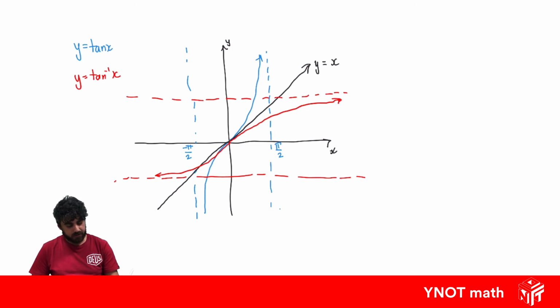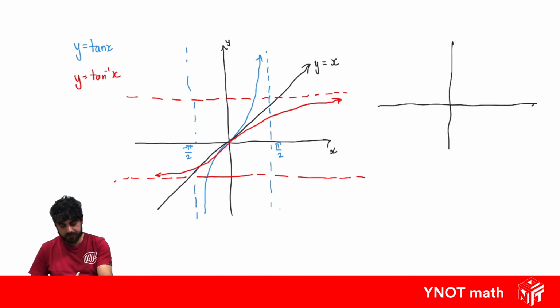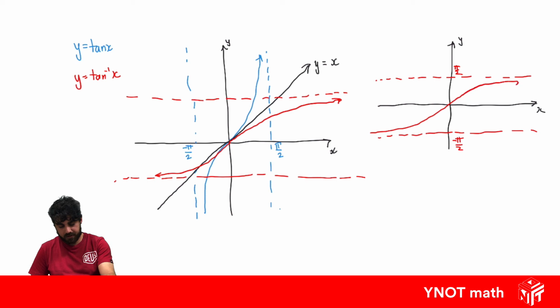And let's just go ahead and draw that separately so we can fully see what's going on. So we have an asymptote going through pi on 2, and another one going through minus pi on 2, and we have our function looking something like that.